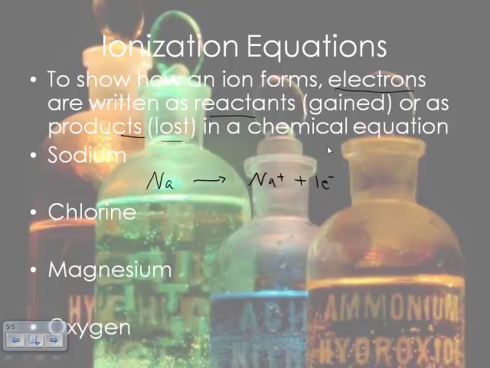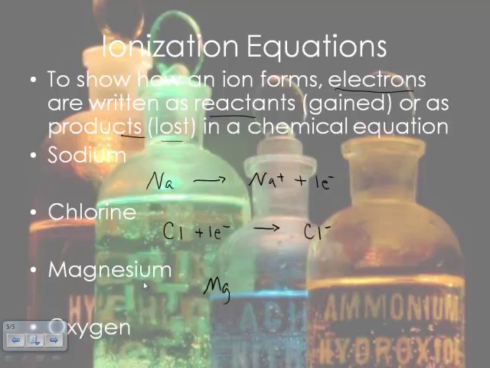Now we've separated the two, and the electron is free to go on its way. For chlorine, we have to add an electron to it to make an ion. So it's a reactant, and we have Cl minus, it's a negative, because we put those together to make the ion.